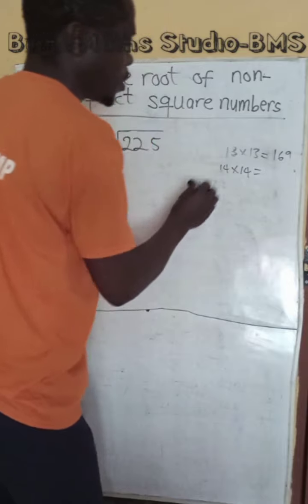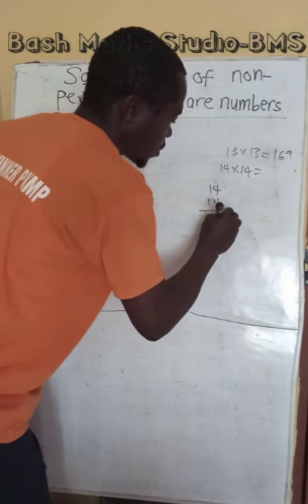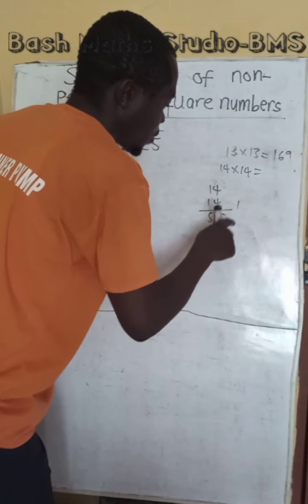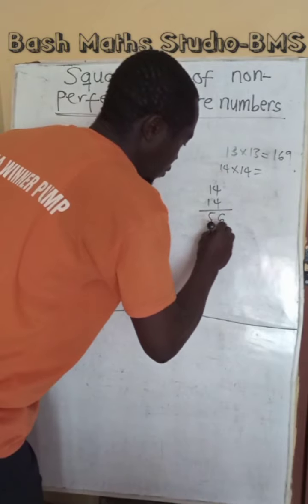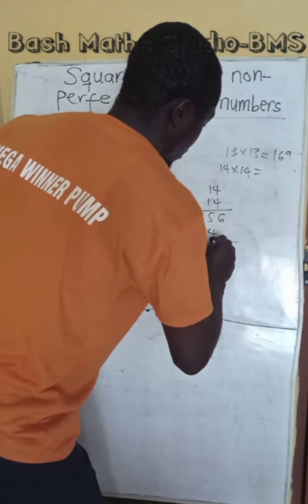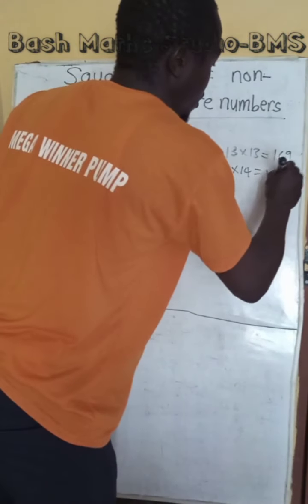You can try that and see. 14, 14, what do we get? This is 196. So 196 is also a bit closer.